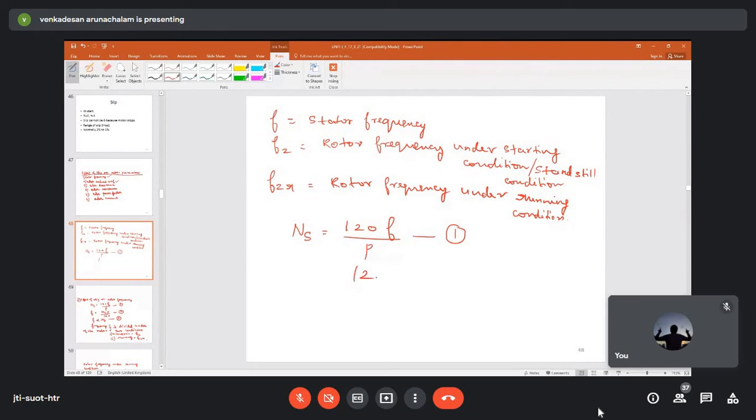So 120, F2R will come here. The same expression 1 I am writing for rotor frequency under running condition. So F becomes F2R, P remains the same.